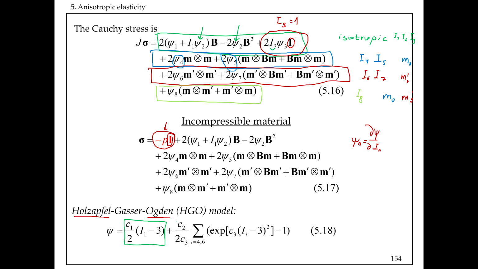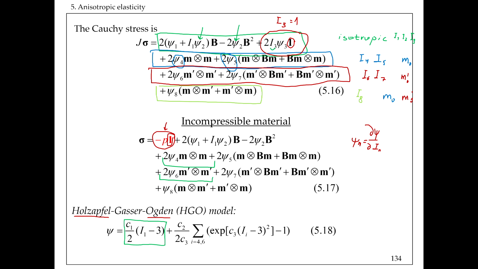And then for the second part, you have something quite unusual. First of all, you can see that they used only the fourth invariant, so the terms like that would be here, and the term like that. So there are no mixed terms, and there is only the contribution of the fiber in one direction, the contribution in the other direction, and without these non-linear terms that can come from that.